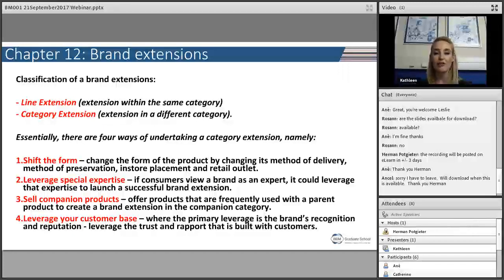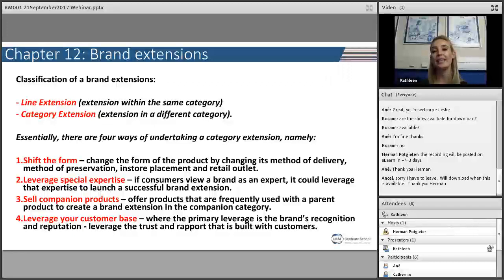We also get 4 different forms of category extension. We can shift the form of the product, where we change the way that it's delivered. For example, you could offer people Coke in a can, or you could offer them the syrup and they could take it home and mix it themselves. You also have a leverage of special expertise, where the brand is seen as an expert.